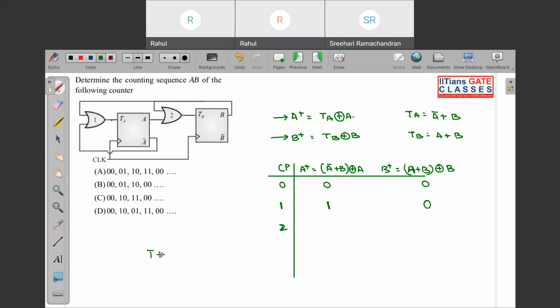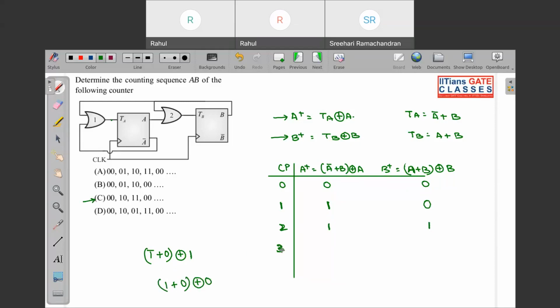So 1 complement plus 0 XOR with 1. So this is 1. And over here you can see A plus B. So A is 1, B is 0, XOR with 0. So this is also 1. Okay. So you can see where this is followed. Okay. So I might have made a mistake. So option C you can see is followed.